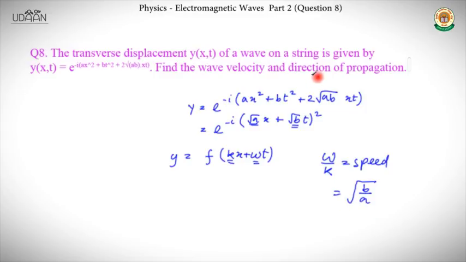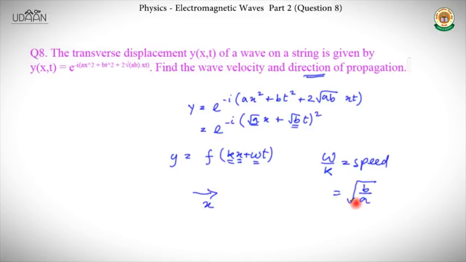So what do we do about the direction? You should know that k is related to x, so it is a wave in the x direction. This is kx, if there is x here, so this is a wave propagating in the x direction. So from this equation itself we can find out the direction as well as the speed of the wave.